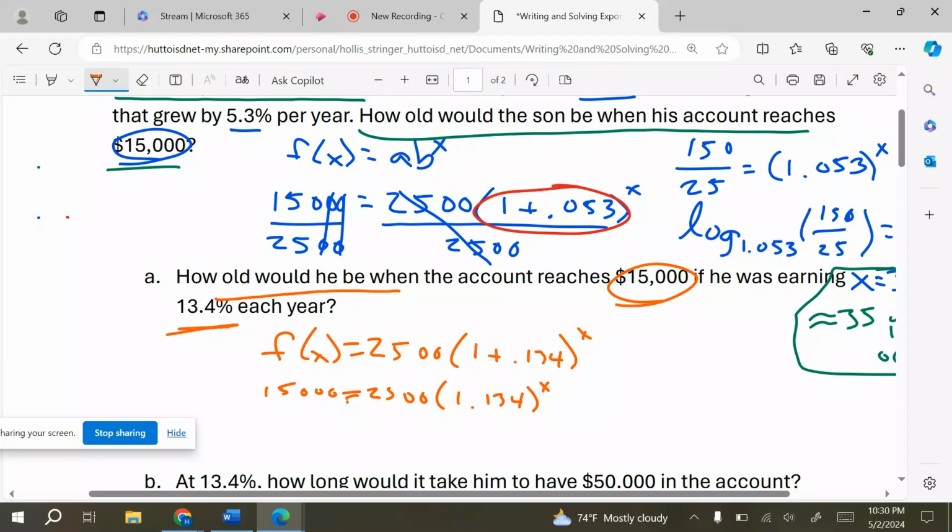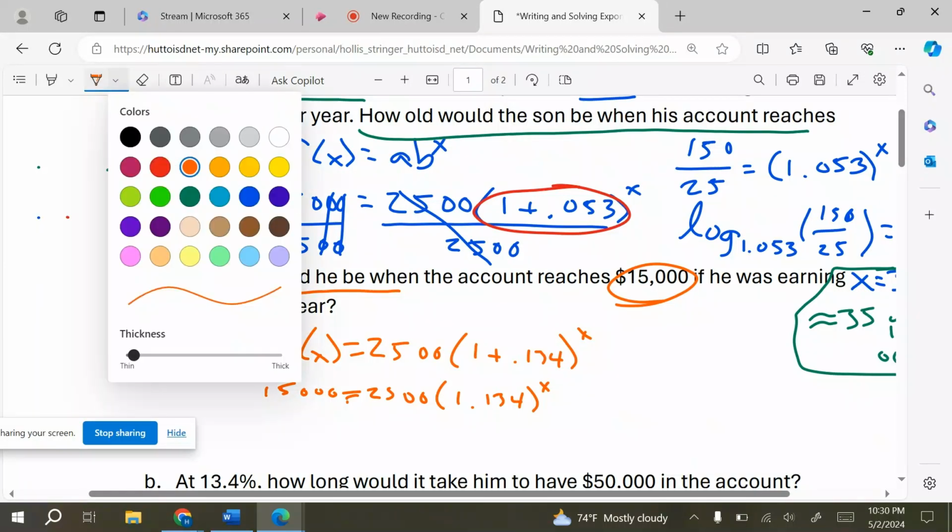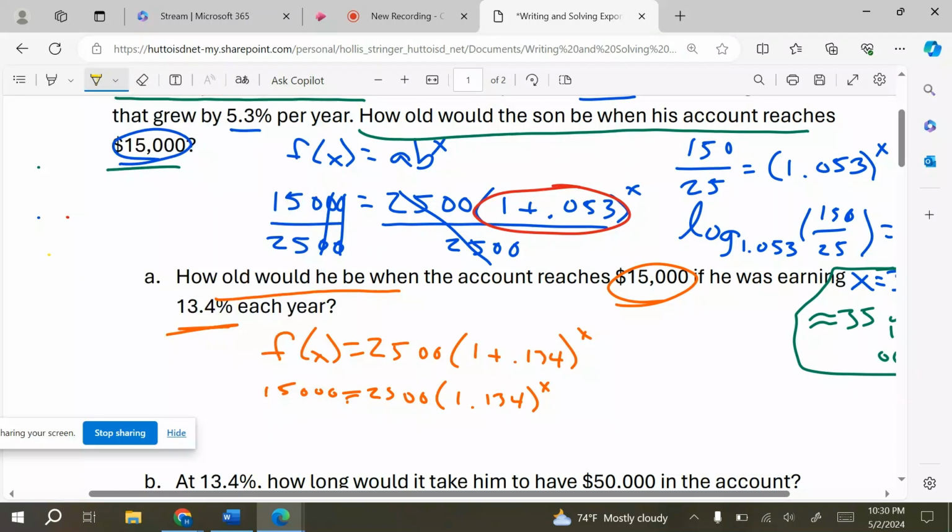Now, if you pay attention to this part, we're going to kind of shortcut it. If the 2,500 didn't change and the 15,000 didn't change, through the same steps they would reduce to the same thing. And so those went directly into the 150 over 25.